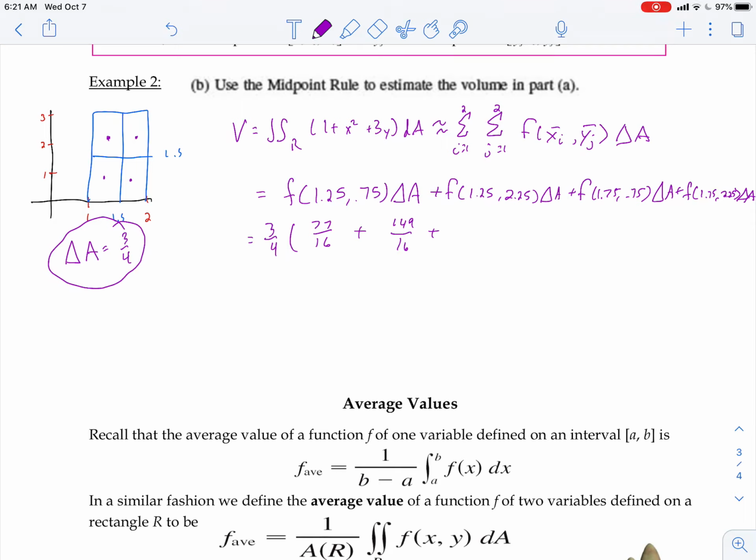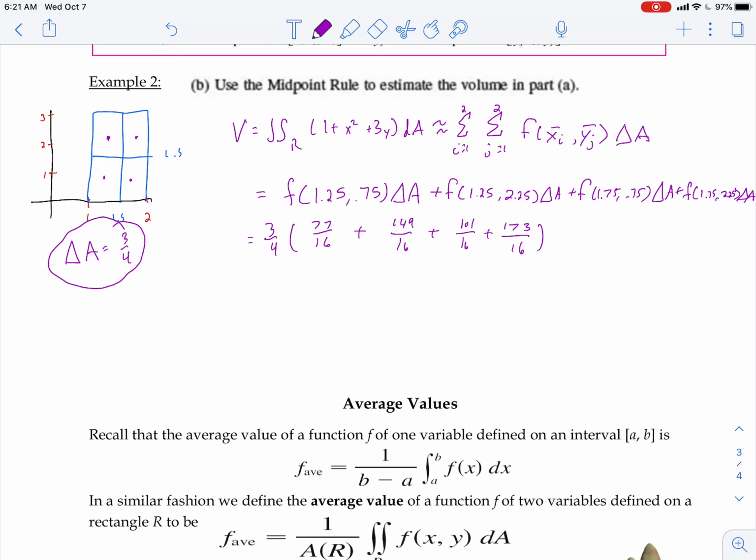When I plug in 1.75 and 0.75, I get 101/16. And when I plug in 1.75 and 2.25, I'm going to get 173/16. That's not a 3, that's a 6. 173/16. Let me check my work real quick: 77, 149, 101, and 173.